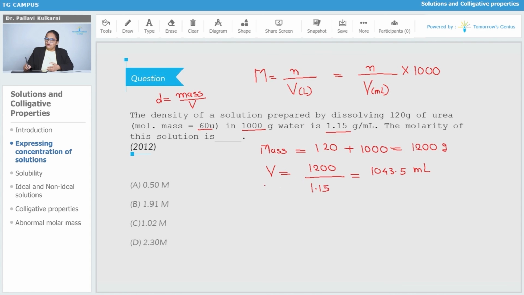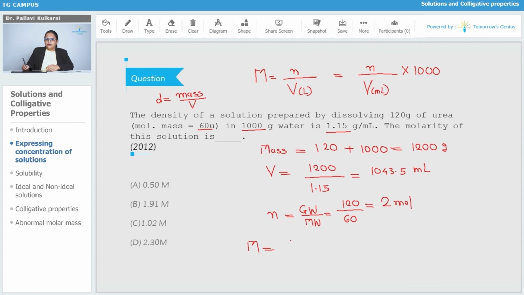Apart from volume, we also need the number of moles of the solute. The solute is urea. The number of moles is equal to the given weight divided by the molecular weight of the substance. The given weight is 120 gram divided by the molecular weight, 60. Therefore the number of moles is equal to 2 moles. Now we can put these two values in the molarity formula.